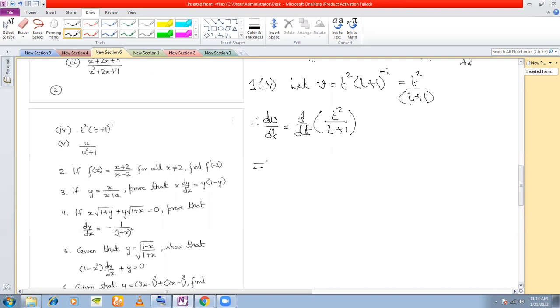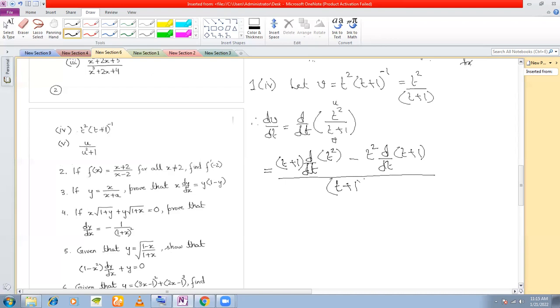If I consider the numerator as u and the denominator as v, what was the rule? v ddt of u, t square, minus u, which is t square, ddt of v, which is t plus 1, divided by the square of the denominator, t plus 1 square. Right? Any question here?